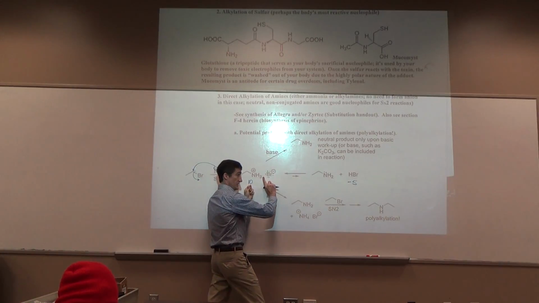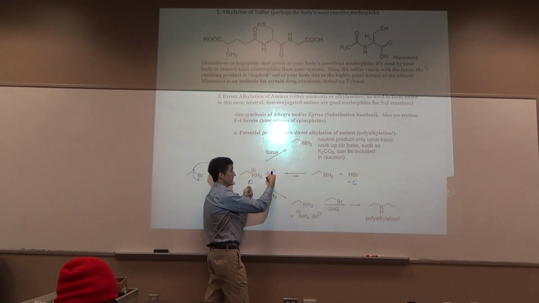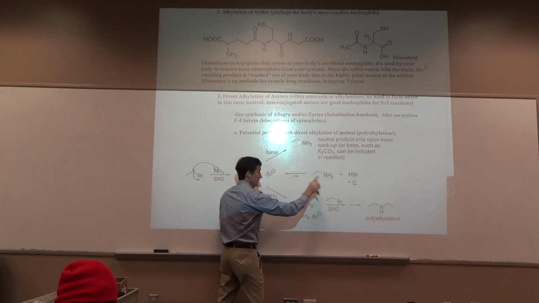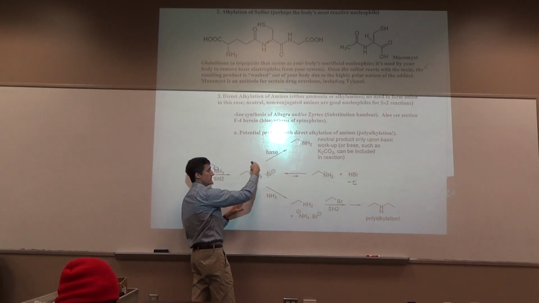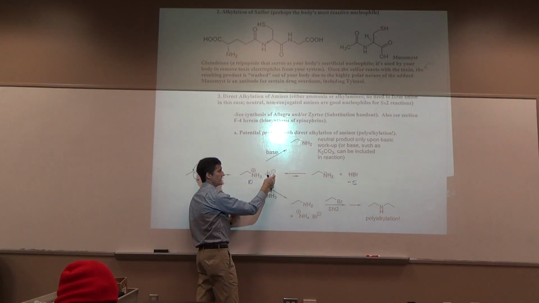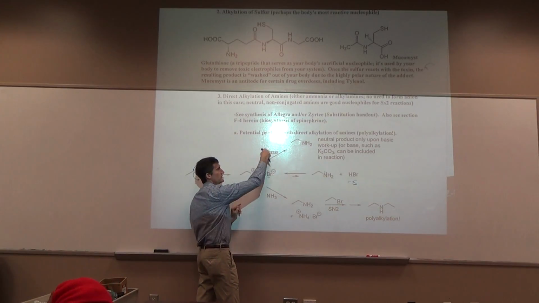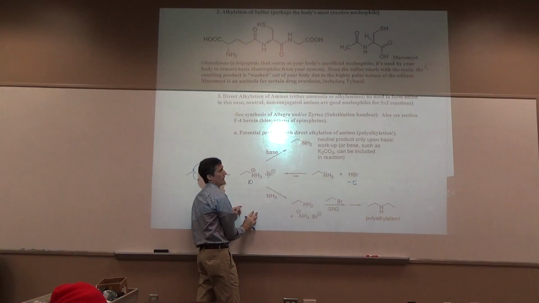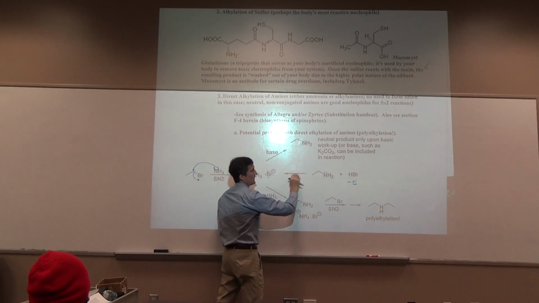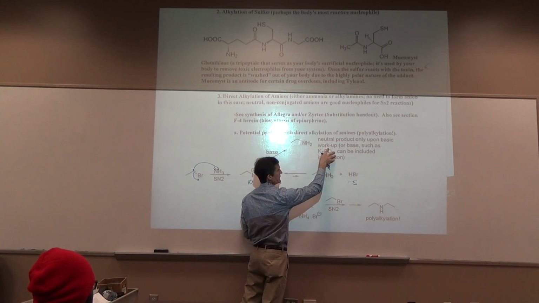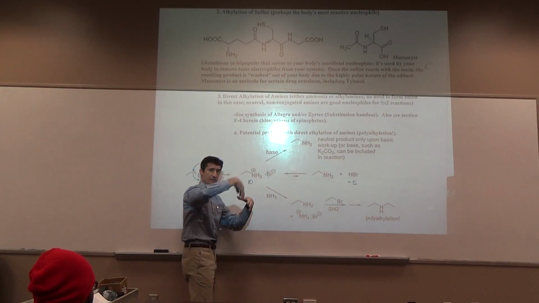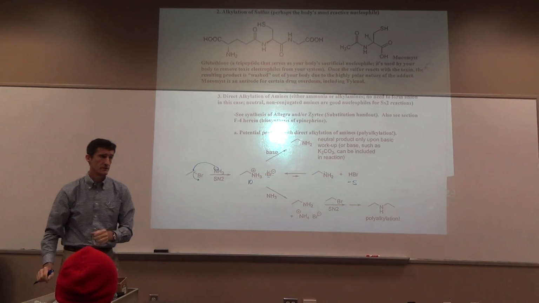So, is this going to go this direction? Is Br going to remove the H? No, it's mainly going to exist this way. This will just take the H back, and it mainly will sit here. Br minus is not strong enough to take the H. We'd have to include some other base to take the H. You can include it in the reaction, or you can do it after the reaction, like in your workup.